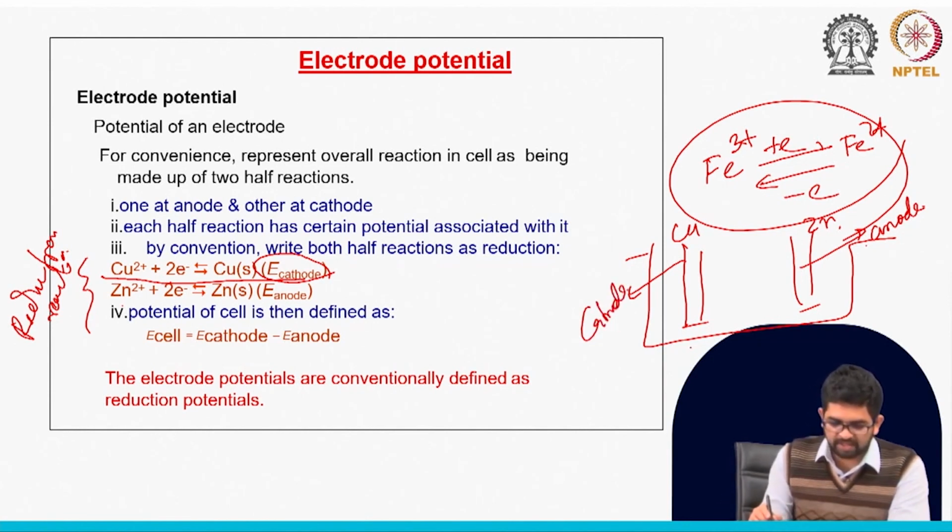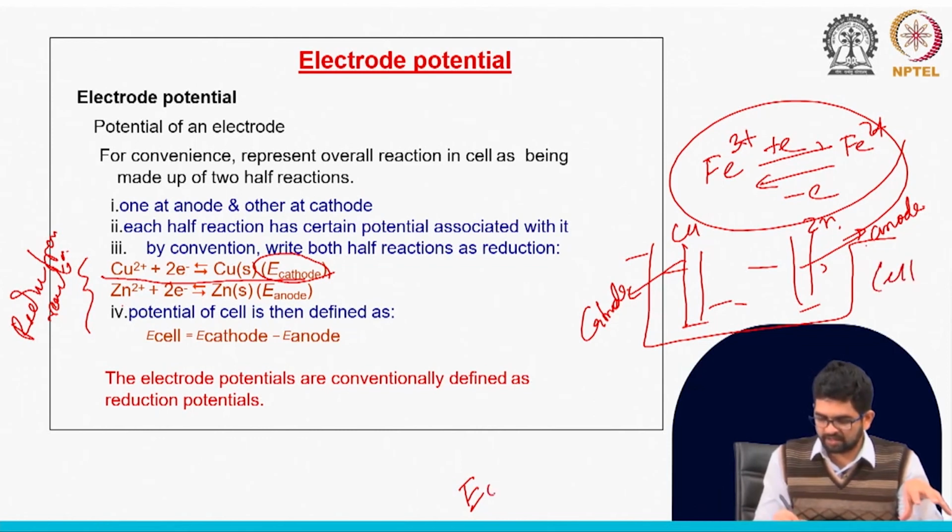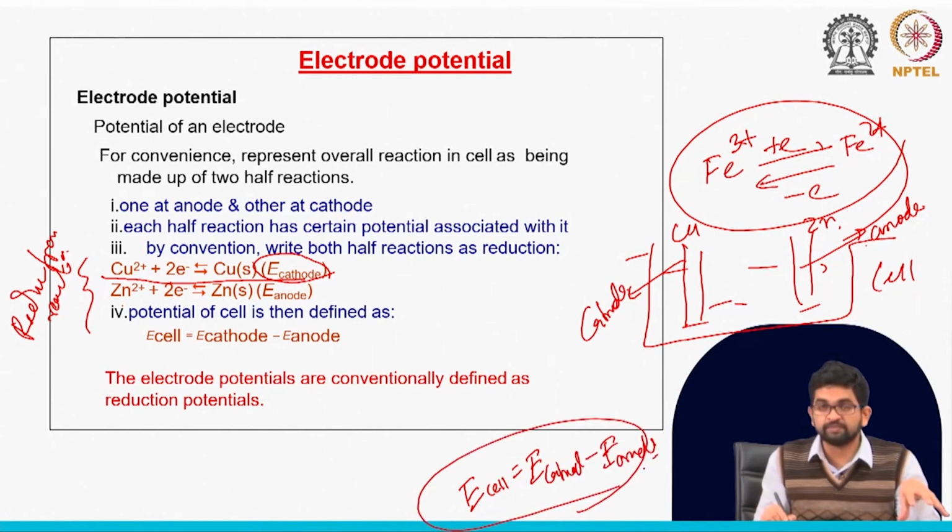So in this case, what is the net potential? This is the cell, right, one cell. In this cell, the E cell we say is E cathode minus E anode. This is the net potential.